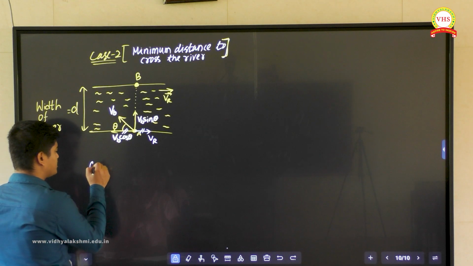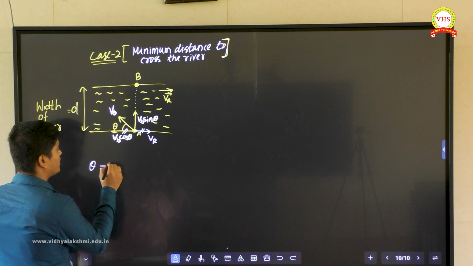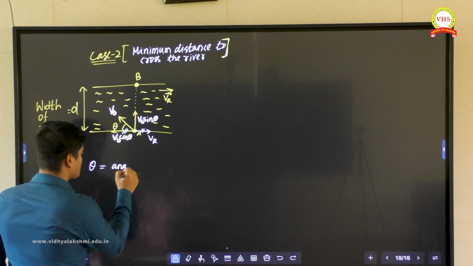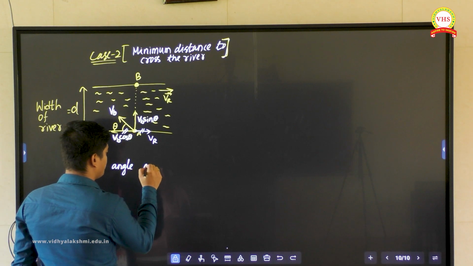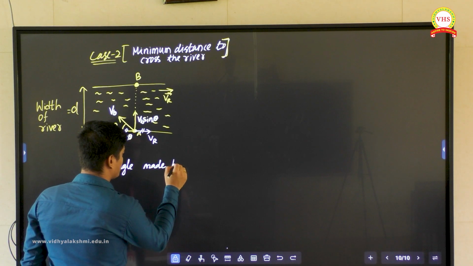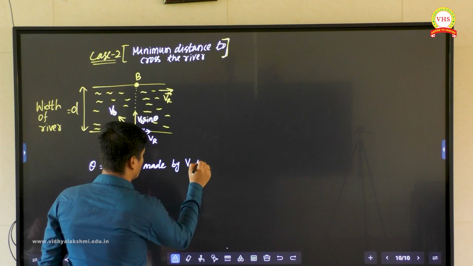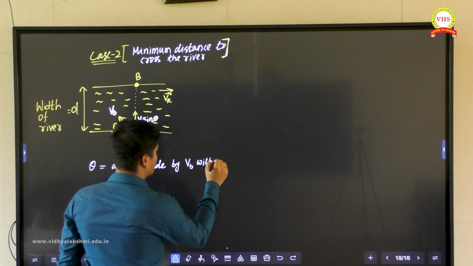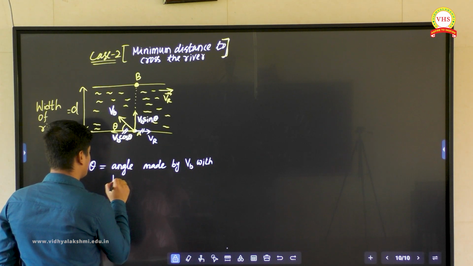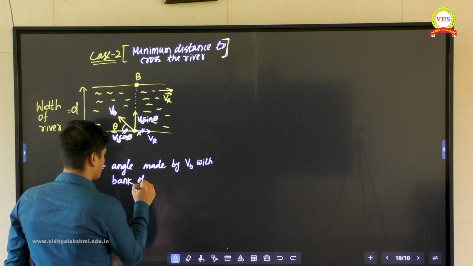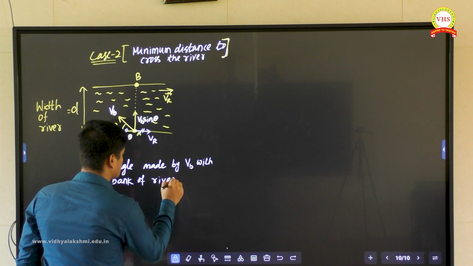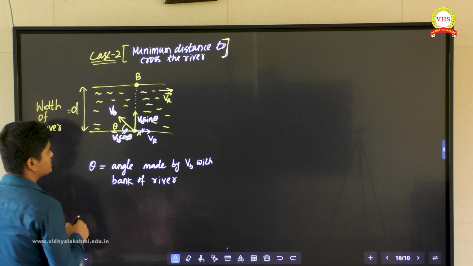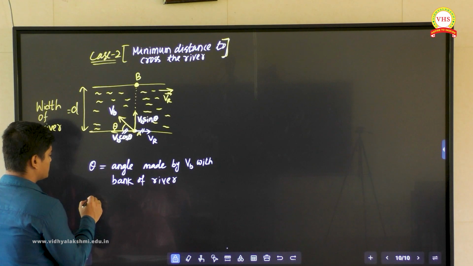Now remember, let me take theta here. What is theta basically? It is the angle made by VB with the bank of the river. Now here VB has two components.